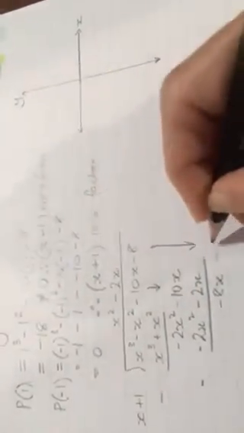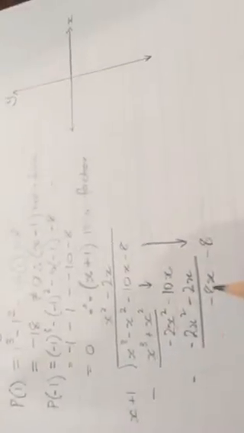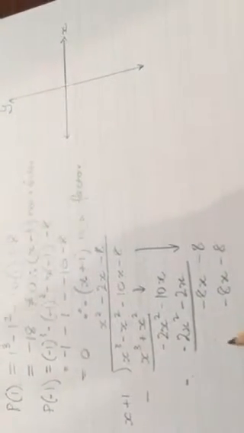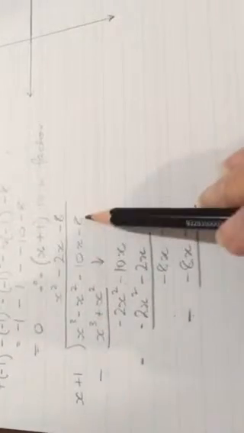Bring this down. x into negative 8x is negative 8 times. Multiply it out, and I get negative 8. This is looking good. This take this will be nothing. This take negative 8, take away negative 8 is adding, which equals 0, which is what I should have achieved. So now I know that my polynomial can be factorised into this.